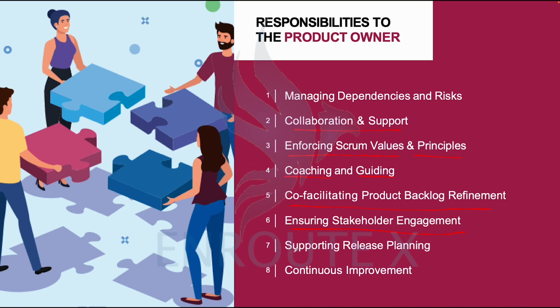Then, of course, towards the release plan, there's what we call the release plan. The release plan is any work that has been fully developed before it gets deployed to the end users. There needs to be a release plan.